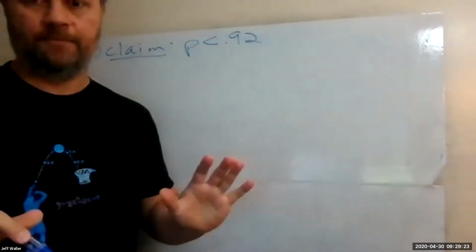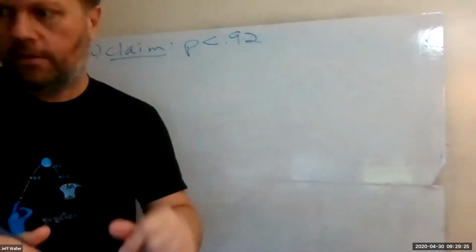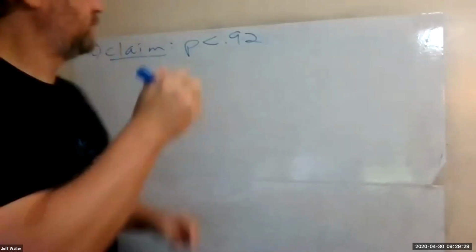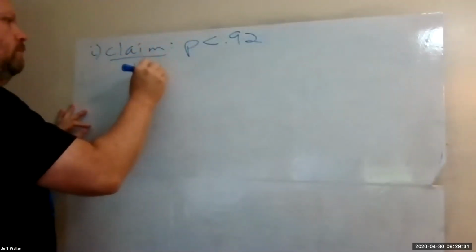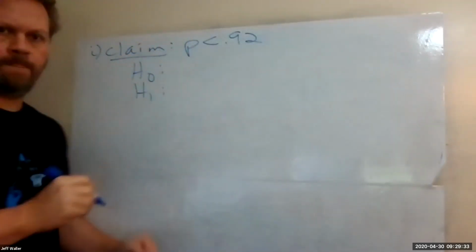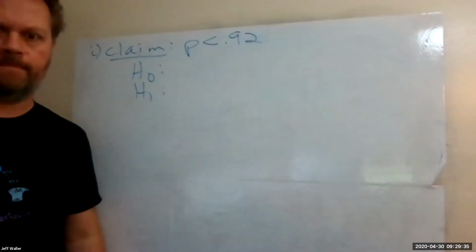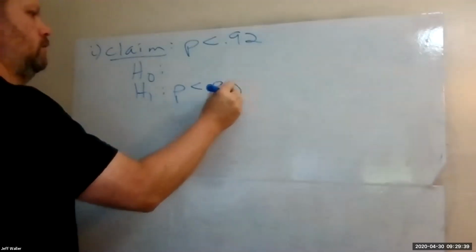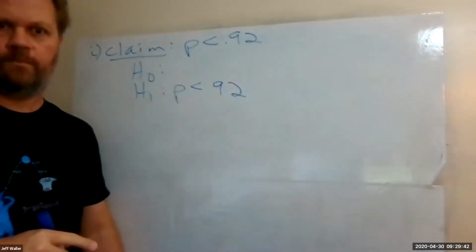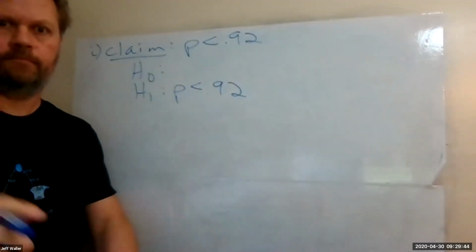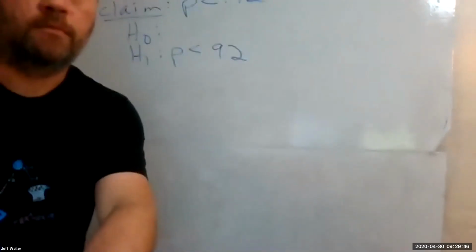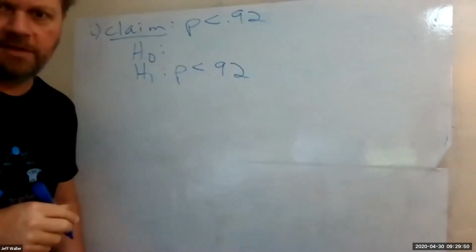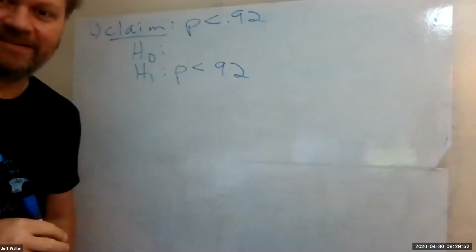I like it. You're all right, Laurel. Now's the right time to make mistakes. So which one's that going to be, of course? Oh yeah, so it's going to be the Ha. So what's the H0?